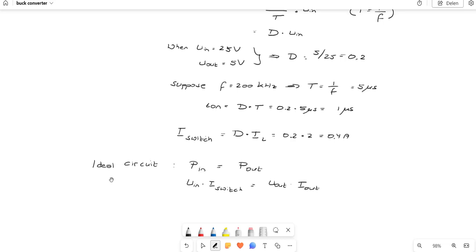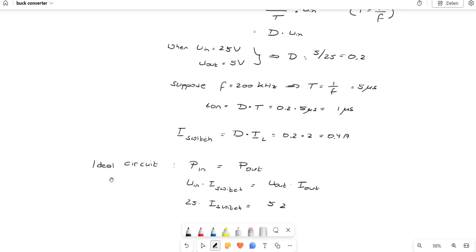So when we want to calculate I switch by using the formula for the power, equal power on the input and the output, we get the input voltage 25 volt times I switch is equal to the output voltage, which was 5 volt in my case, times I out, which was 2 amps.